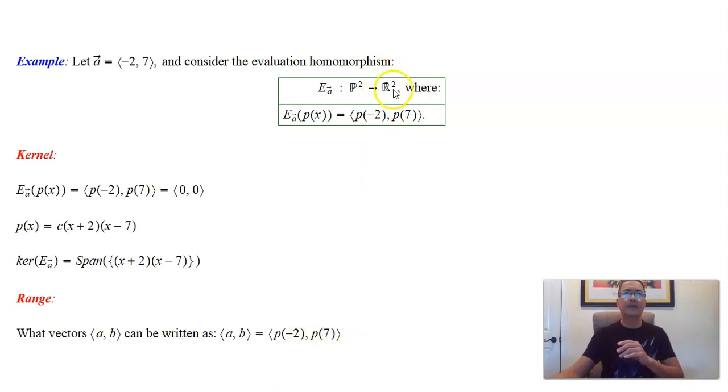What are all the vectors in R2, let's call them AB, which can be written as p of -2, comma, p of 7?